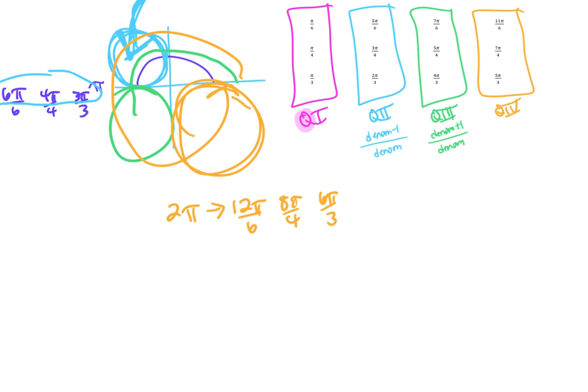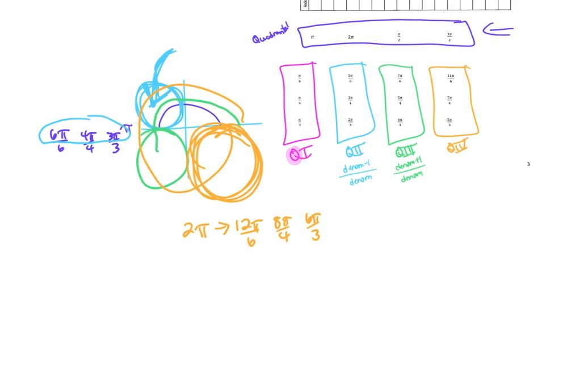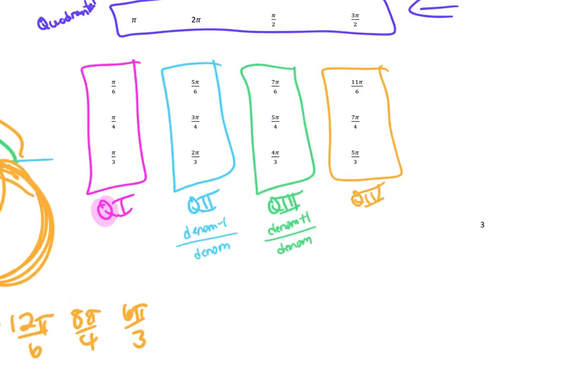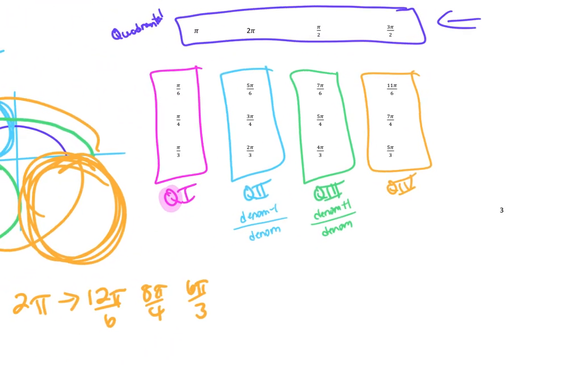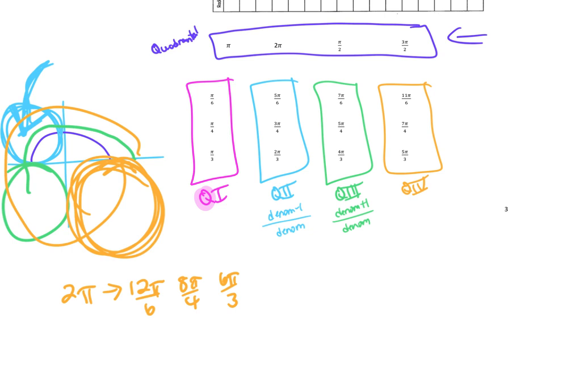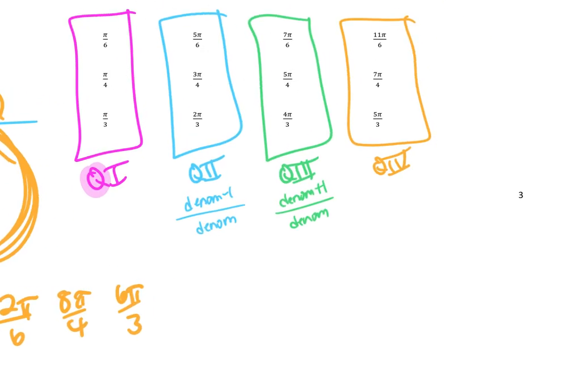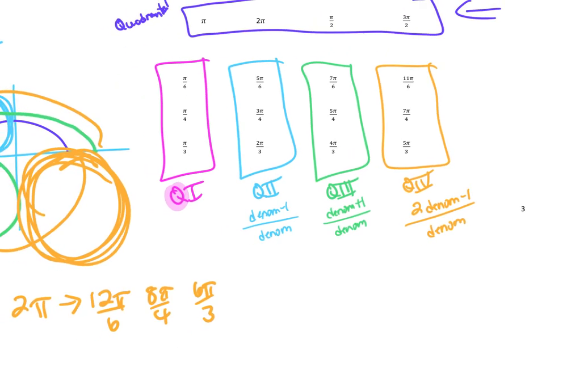But if we're in quadrant 4, then we're just short of that. We haven't gotten quite to that point, so it has to be a little bit less than that. So if you notice, the values in quadrant 4 are 1 less than twice the denominator. So you have to multiply the denominator by 2 and then subtract 1, and it's over that denominator. Okay?